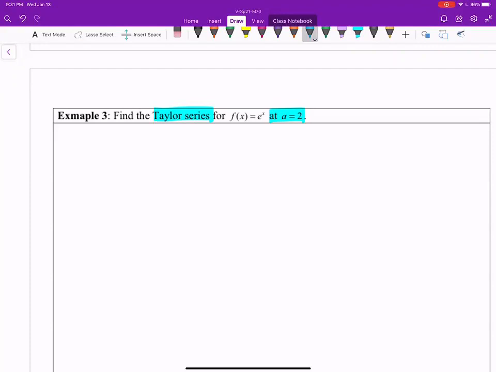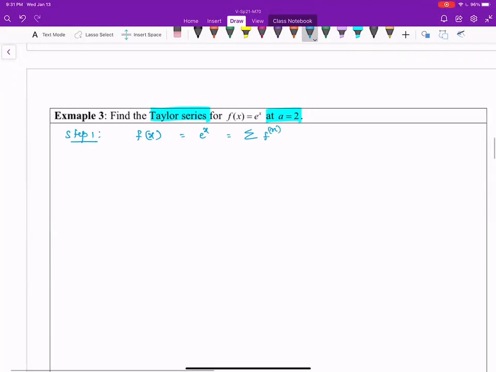So first, we have to write the Taylor series representation. f of x equal to e to the x equal to, if you write this in sigma form, it is sigma nth derivative at a, here a is given to be 2, divided by factorial n times x minus a, which is 2, to the power n.